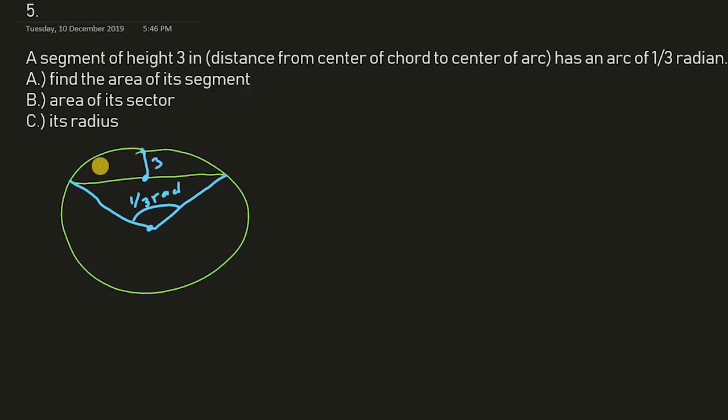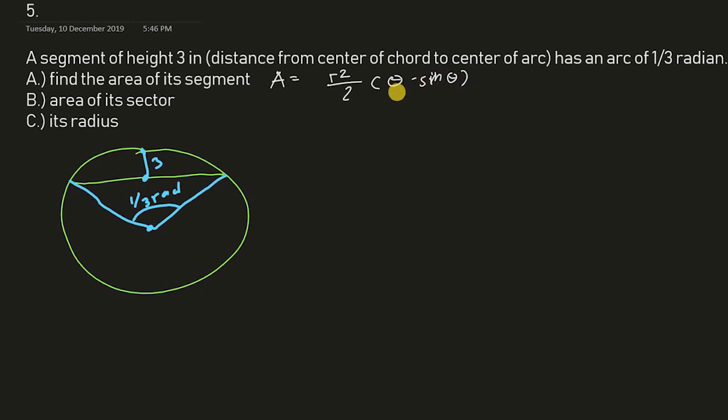Now, let's find the area of the segment, this part, the area of the sector, the whole thing, and the radius. So how are we going to do this? First of all, guys, to do that, we have to find the radius. Review of the formulas: the area of a segment, guys, is equal to r squared over 2 times theta minus sin theta.